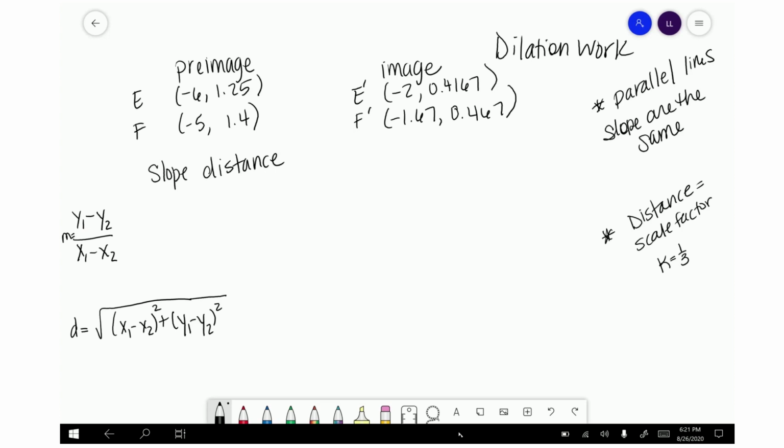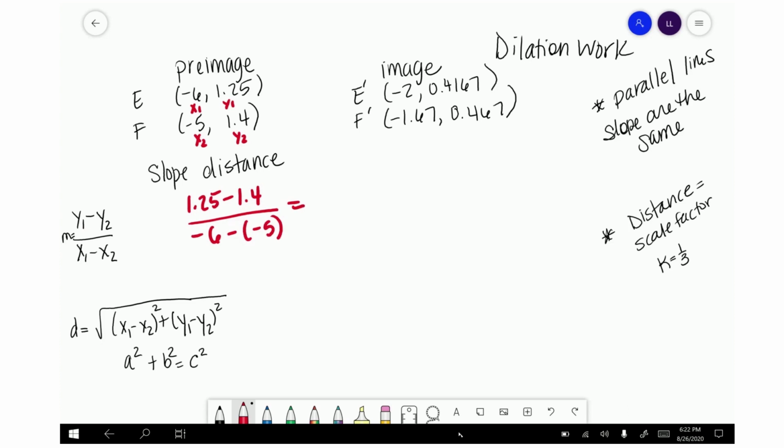If you prefer to use the Pythagorean theorem, then use that. That will also get you the distance, whatever works for you. Let's label our points x1, y1, x2, y2. So the slope is 1.25 minus 1.4 over negative 6 minus a negative 5, and we're going to figure out the slope there.